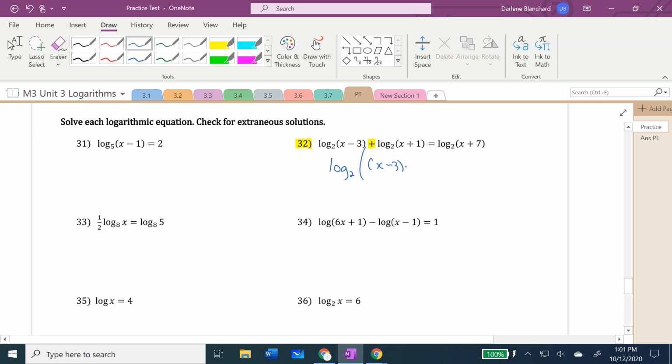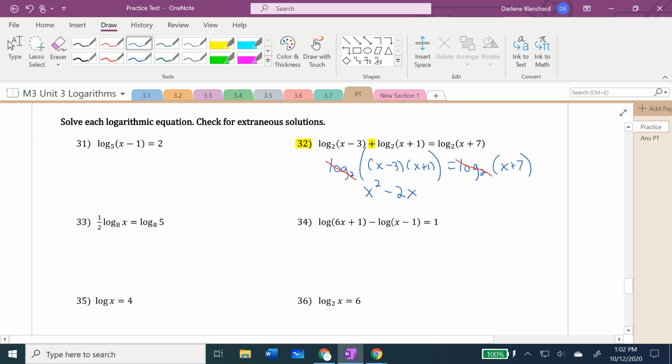And you can decide if you want to multiply the binomials together now or later. But take a good look at 32 now, and do you see that it is now condensed? There's nothing outside either of the logarithms. You can undo them. They basically undo each other. You can see it as 2 to the power in both sides, or that they just, same operation on both sides. Then we need to multiply that binomial out.